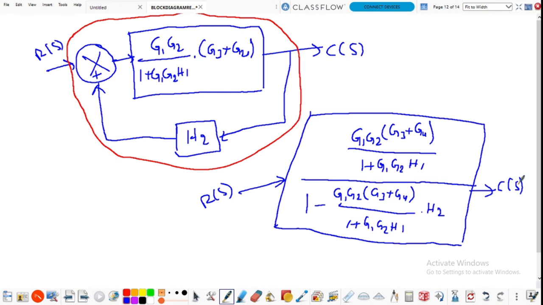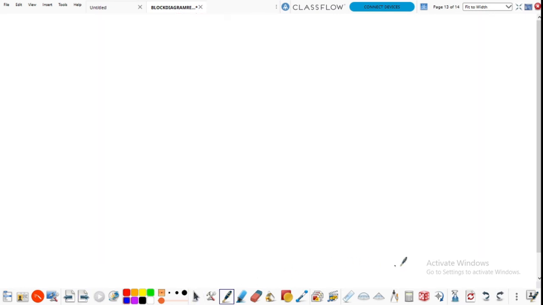So reducing this block, first reducing this one, that is the transfer function of the system. In the denominator, take the LCM.